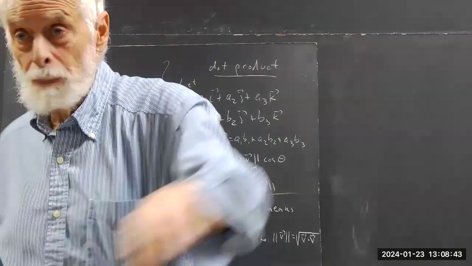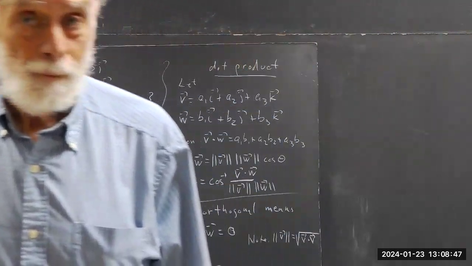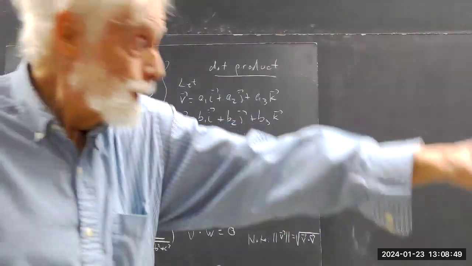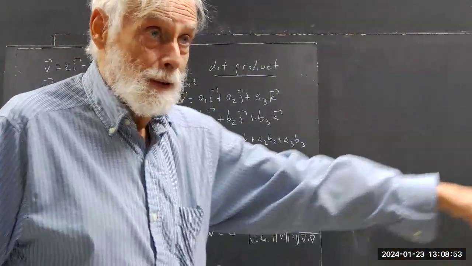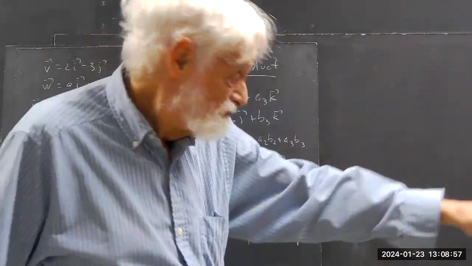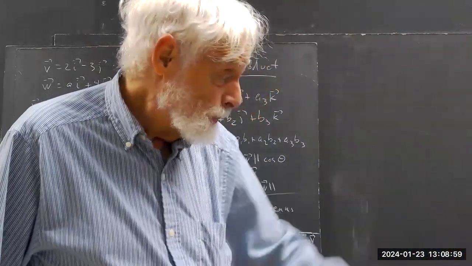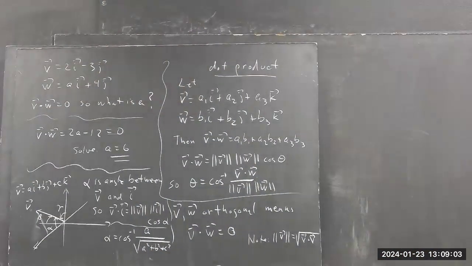Angle with the z-axis is probably around 15 degrees or so. Angle with the y-axis, well, there's a pretty big angle between there and the y-axis. So that angle might be 69.3 degrees. That's obvious, if you've got a good eye.